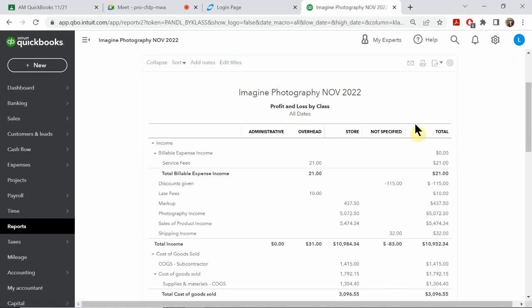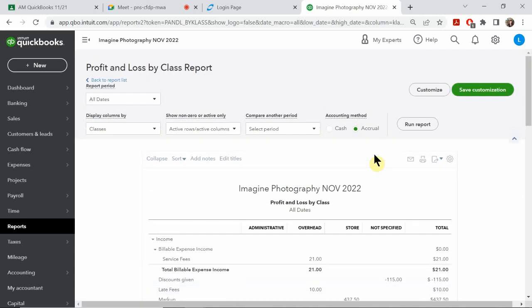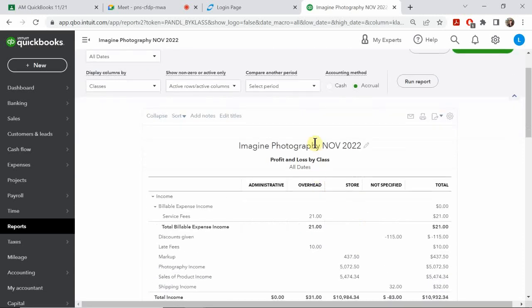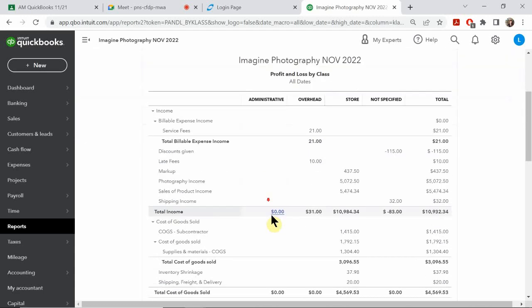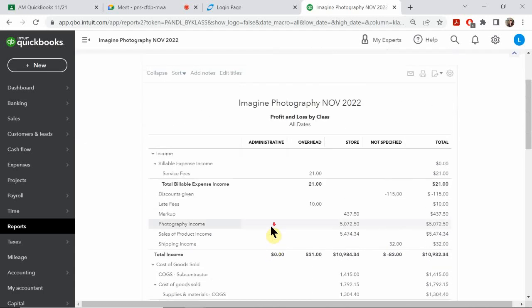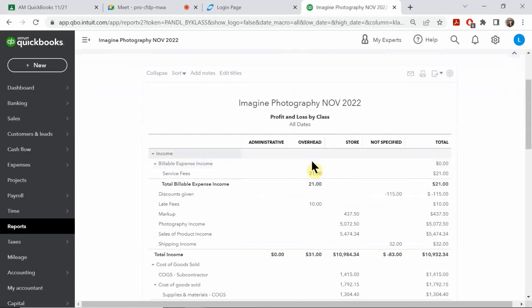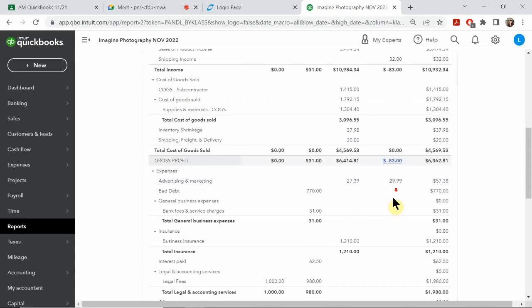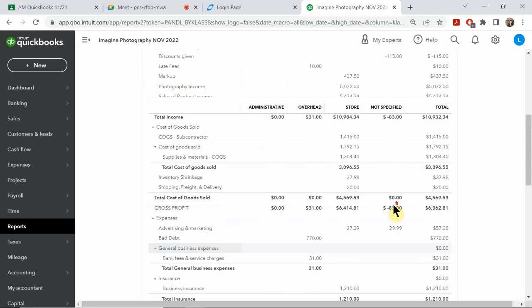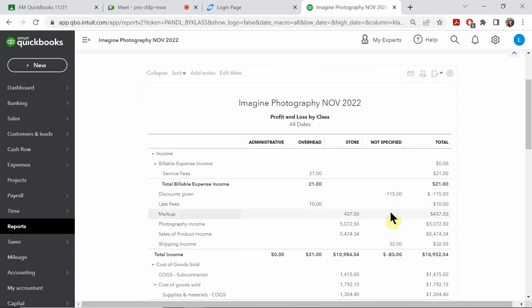So once I do that, it's going to show me what my unclassified lists are. I've got three columns right now for administrative, my overhead account, my store account, and here it says non-specified. We have a few accounts that are non-specified, so let's go ahead and see.